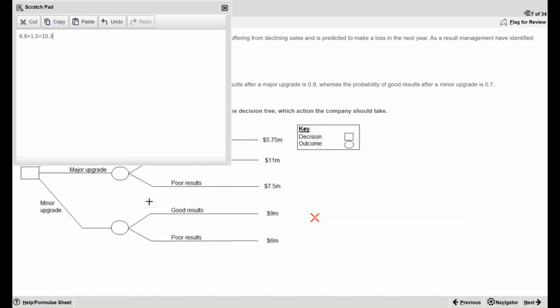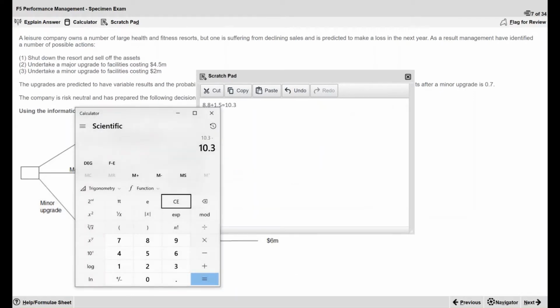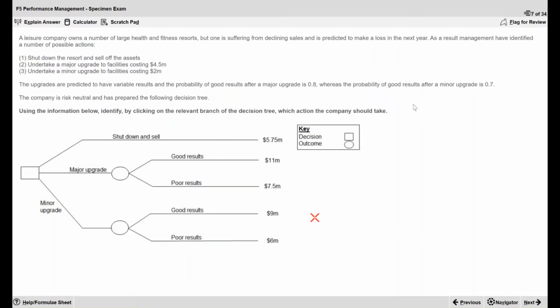But remember, we haven't yet deducted the cost of upgrade, which would be 4.5 million. Yeah, 4.5 million. So minus 4.5, that becomes 5.80. Which is more than shutdown. If we were comparing major upgrade and shutdown, we would have chosen major upgrade.